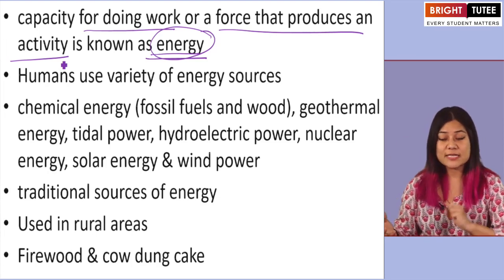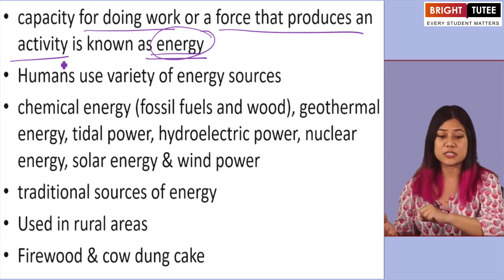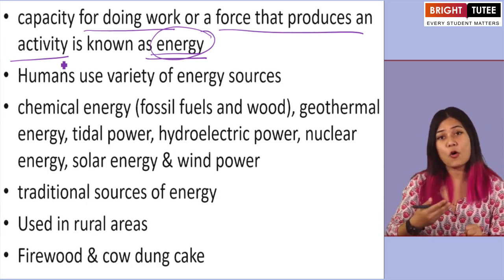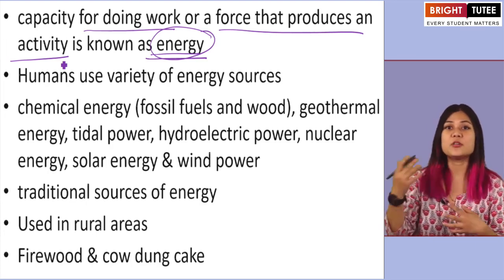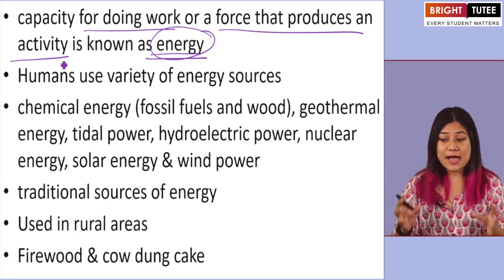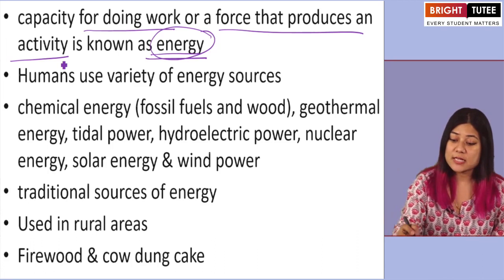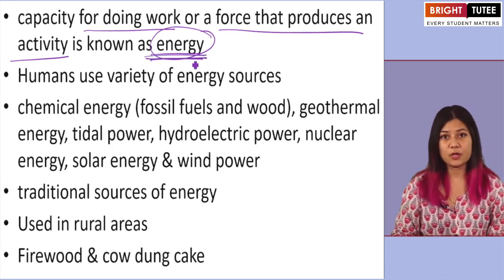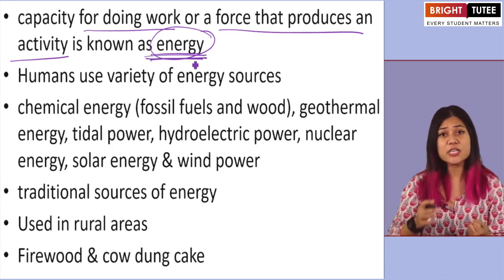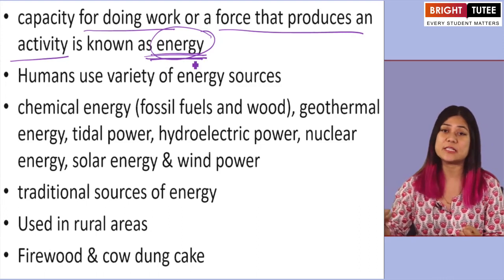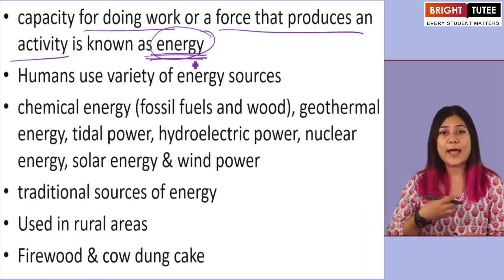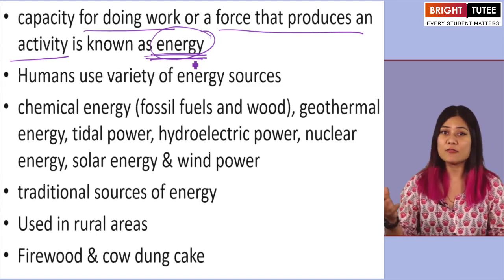So the force used in the production of electricity, or the capacity of that machine in the production of electricity, that force and capacity for doing any activity is called energy. Energy is used for the activities that we do, or that take place around us.